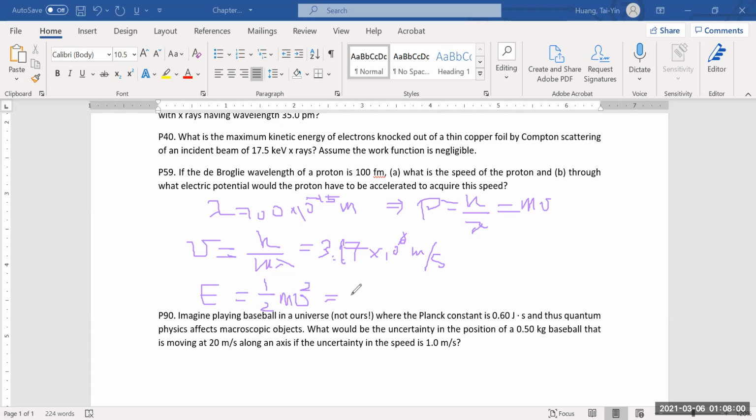If you remember, electric potential energy is U, and it's equal to the electric charge times the potential difference. So our question is, what is our potential difference here? We have the 1/2, the mass, and the v. We're going to use this v to plug in here. And the m, let me just read it again: the mass of the proton is 1.67 times 10 to the negative 27.